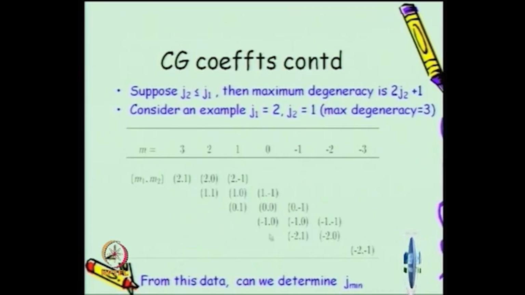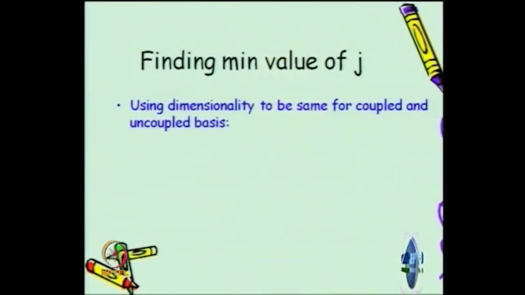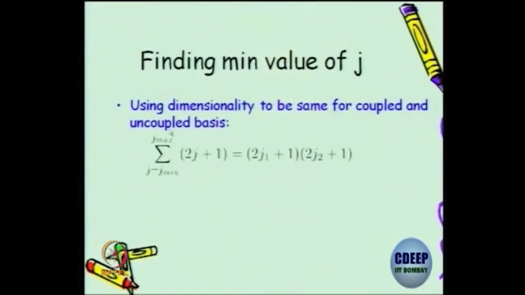So roughly we know J minimum from this elaborate example, but I have also said as an exercise for you last time, what did I tell you? Use dimensionality to be same for coupled and uncoupled bases. Take the J max to be J1 plus J2 and determine J minimum. That's what I said.